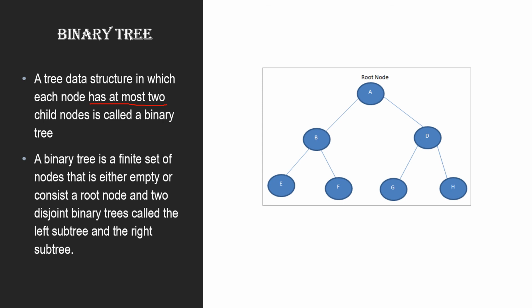In other words, a binary tree is a finite set of nodes that is either empty or consists of a root node and two distinct binary trees called the left subtree and right subtree. The main important point is that a binary tree should hold at most 2 children. That means it can have 0, 1 or 2 children.